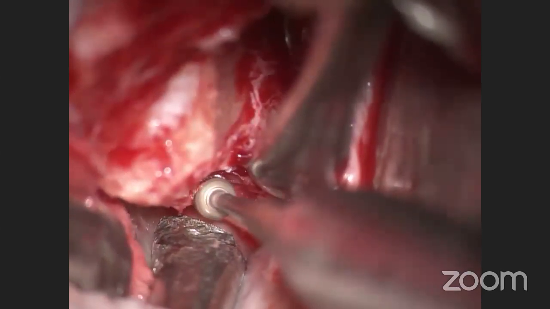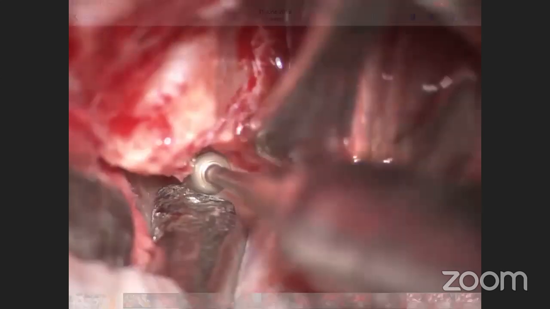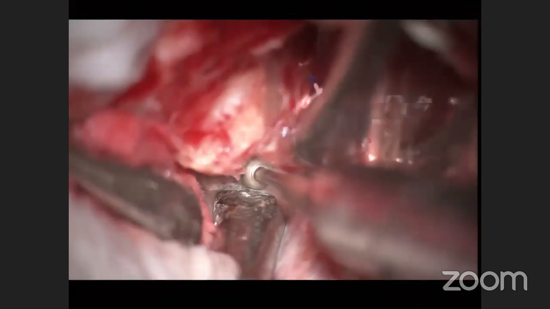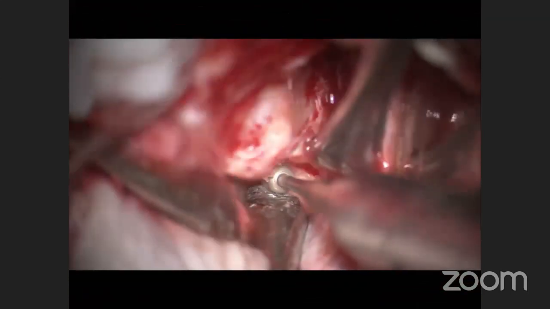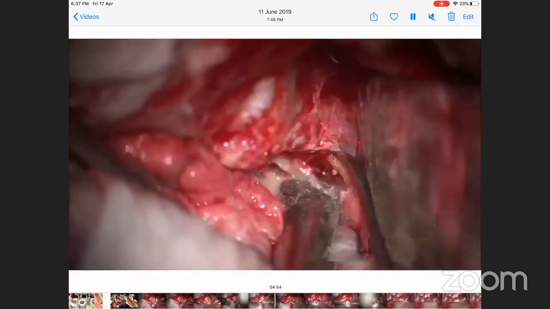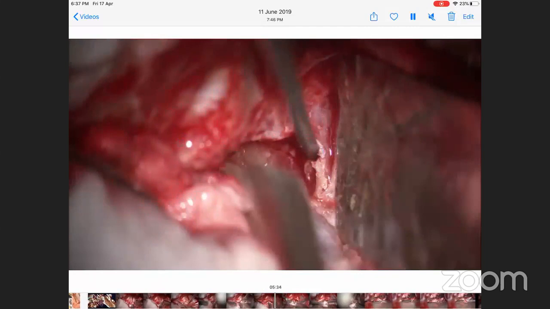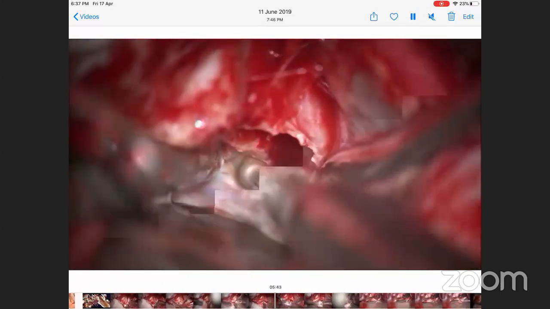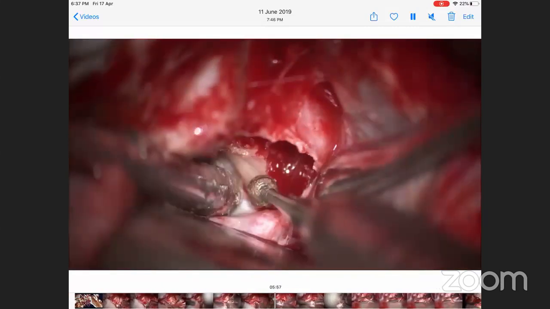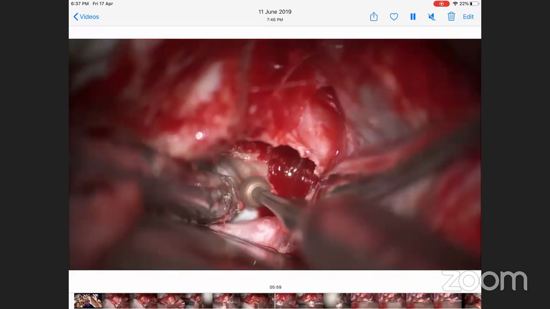So all that drilling is done. The clinoid process is being cored out gently on the right side. The optic nerve root.